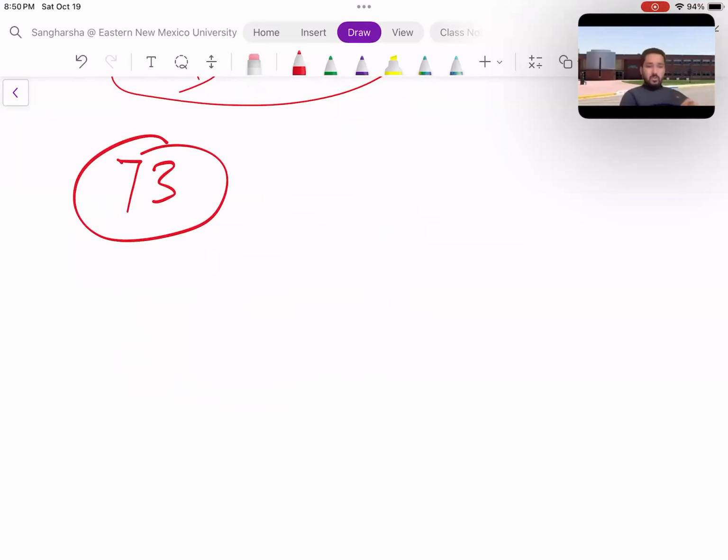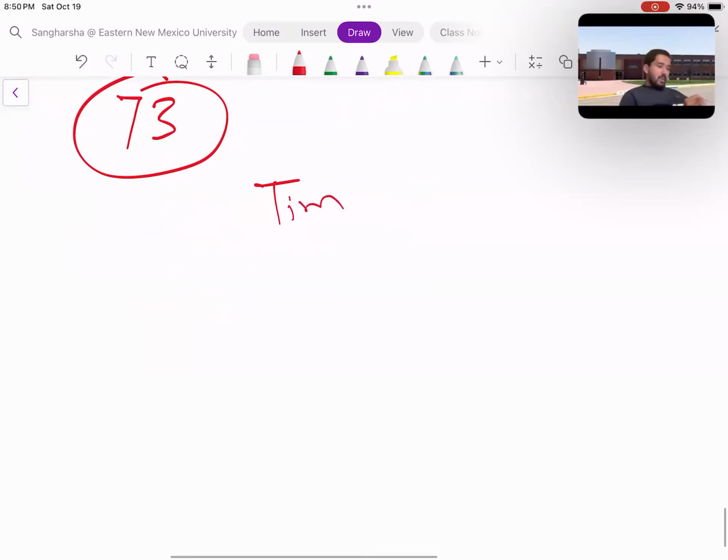Now let's go to number 73. The following table gives the value of a computer printer purchased in 2012 at two different times. When time is 2 years after purchase, the value of the printer is $300.